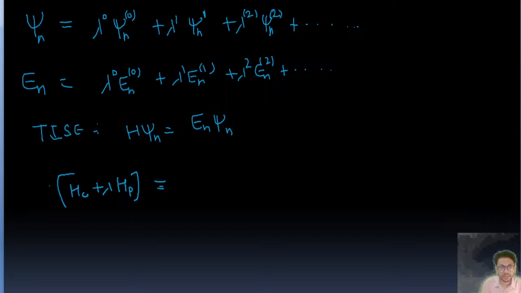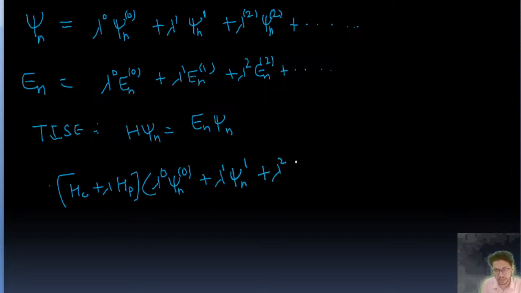And the wave function psi n is lambda 0 psi n 0 plus lambda 1 psi n 1 plus lambda 2 psi n 2 plus so on, equal to En psi n.